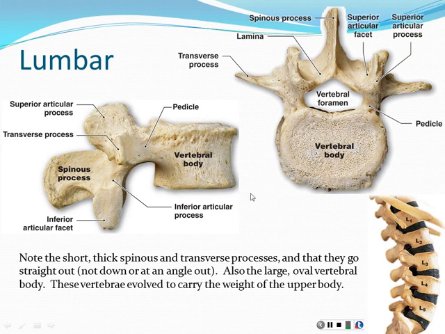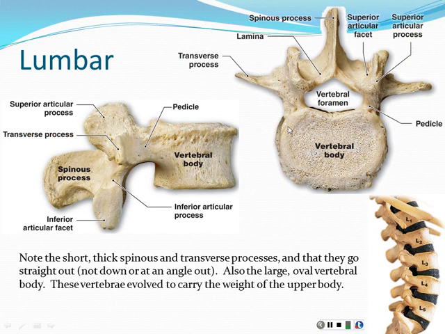So we have short, thick spinous processes. Here it is from the top, here it is from the bottom. You can see that it's just kind of big and clunky. The transverse processes stick directly out to the side at 90 degrees, kind of like the cervical vertebrae, only much larger and heavier.